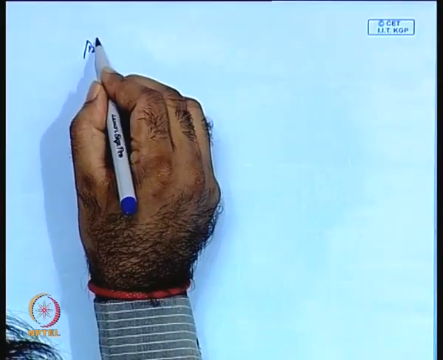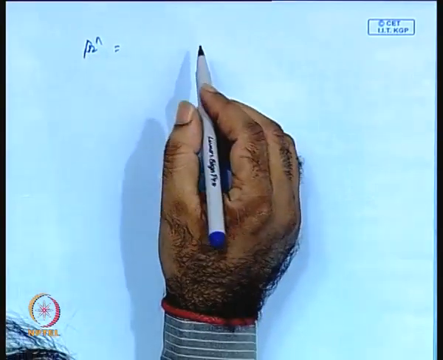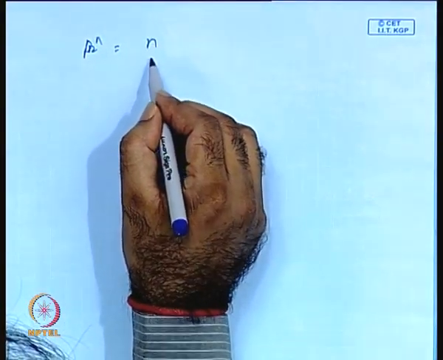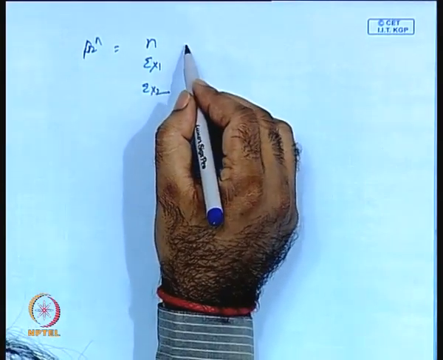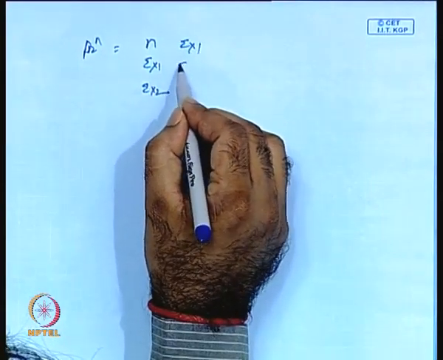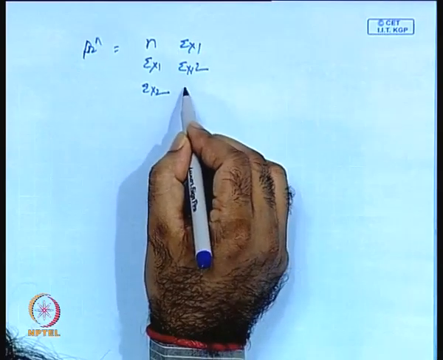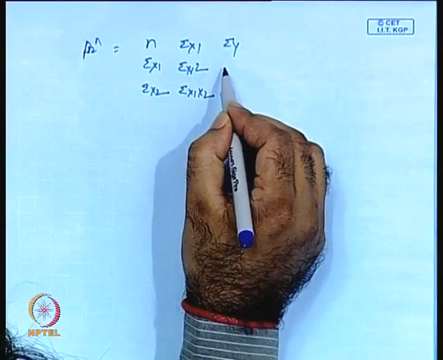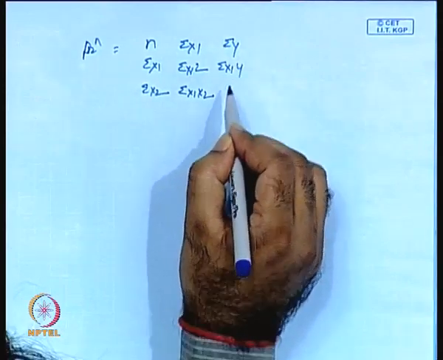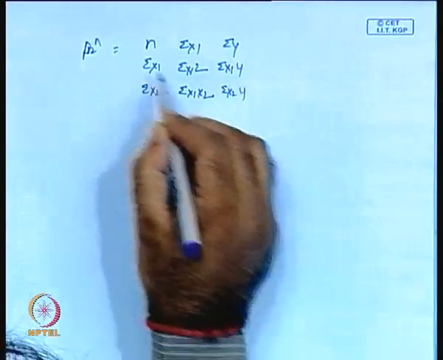Similarly we will get beta 2 head. So beta 2 head is equal to n, summation x1, summation x2, then summation x1, summation x1 squares, summation x1 x2, then summation y, summation x1 y, summation x2 y, okay.